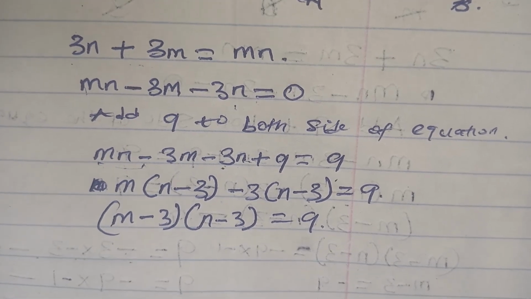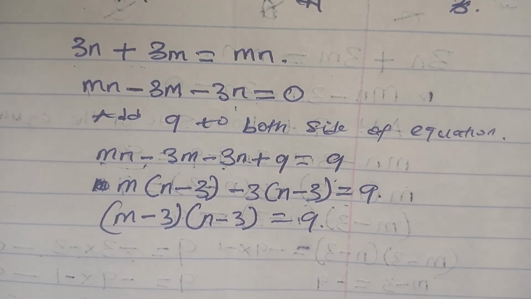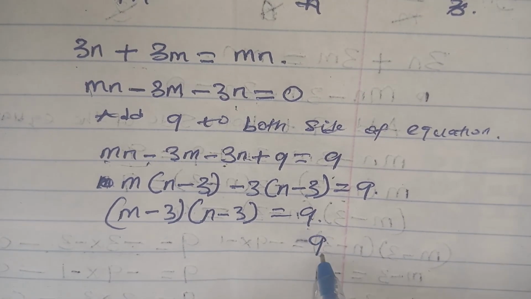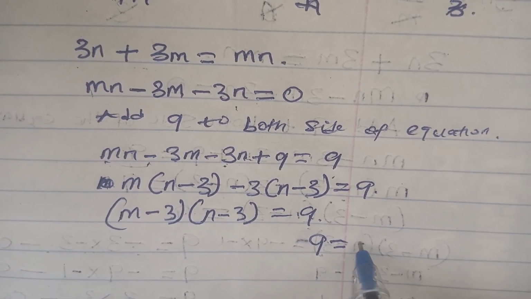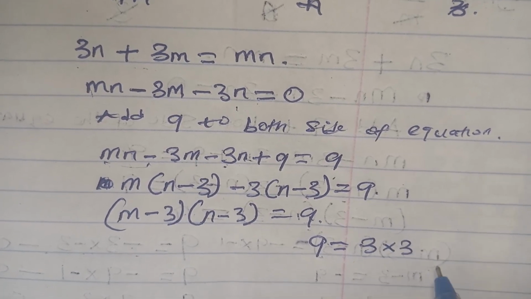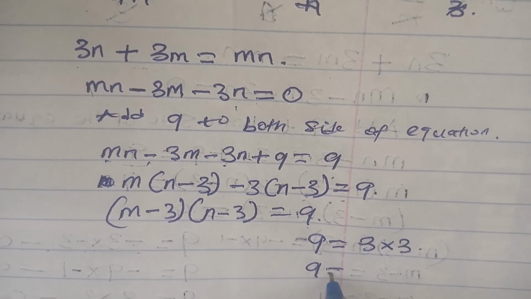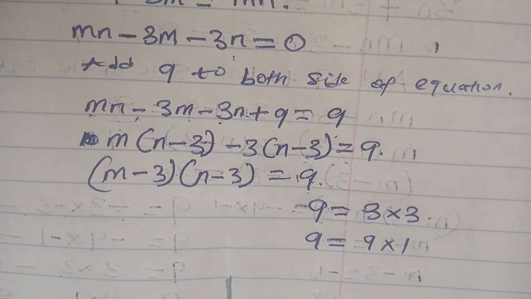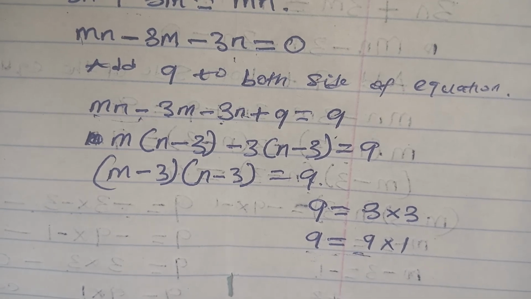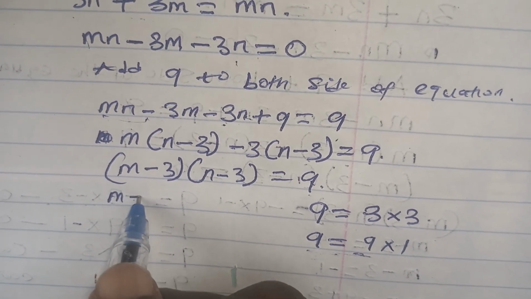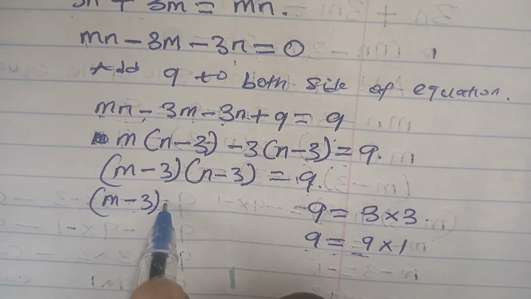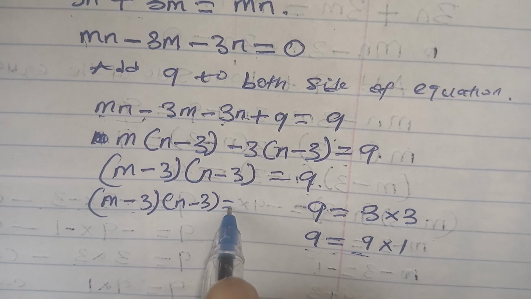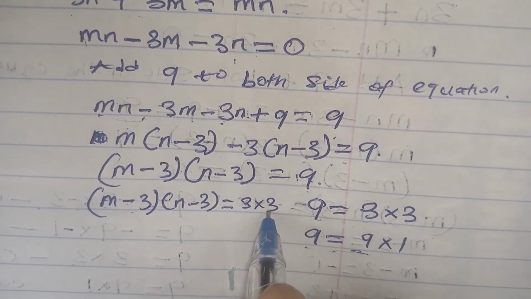Okay, from here, what are we simply going to do? We can rewrite 9 in multiple ways: 9 is equal to 3 times 3, and 9 is equal to 9 times 1. Okay, so let's work with these two first. So we can say m minus 3 times n minus 3 is equal to 3 times 3.